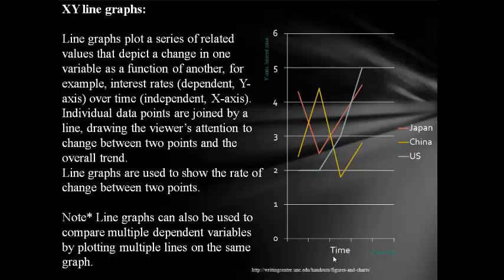Individual data points are joined by a line, drawing the viewer's attention to local change between 2 points and overall trend. Line graphs are similar to bar graphs, but are better at showing the rate of change between 2 points. Line graphs can also be used to compare multiple dependent variables by plotting multiple lines on the same graph.